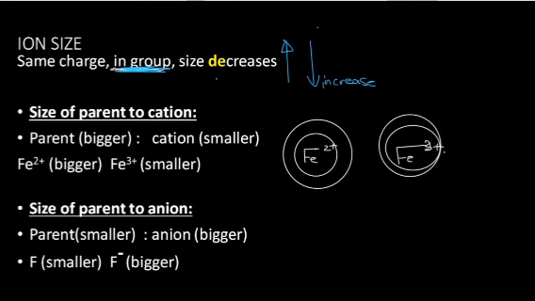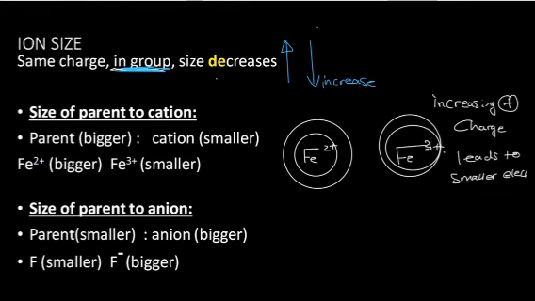So I can say increasing positive charge leads to smaller electron cloud.